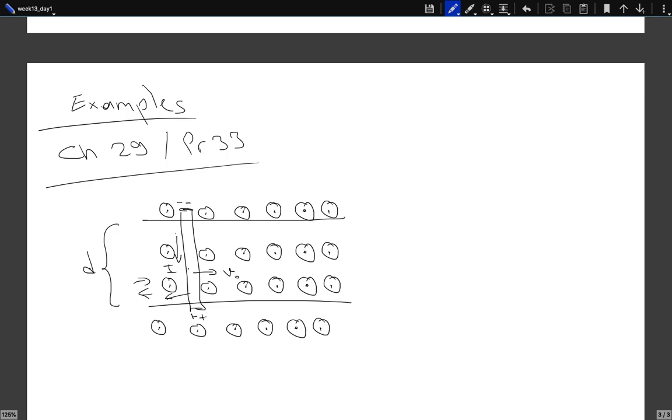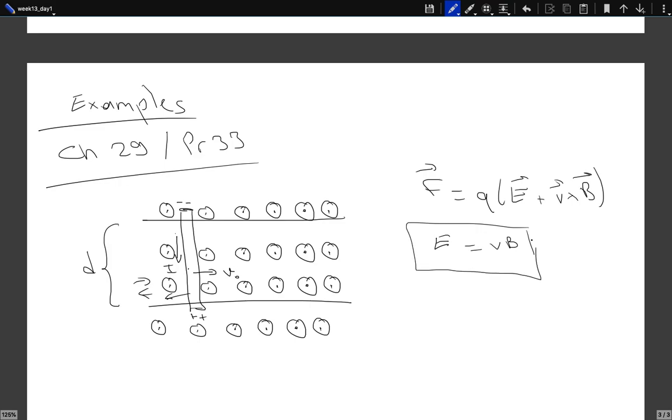And the current will run as long as there is a force acting on the charges. This is the force acting on a charge. So the charges will move until the electric field has a magnitude vB.